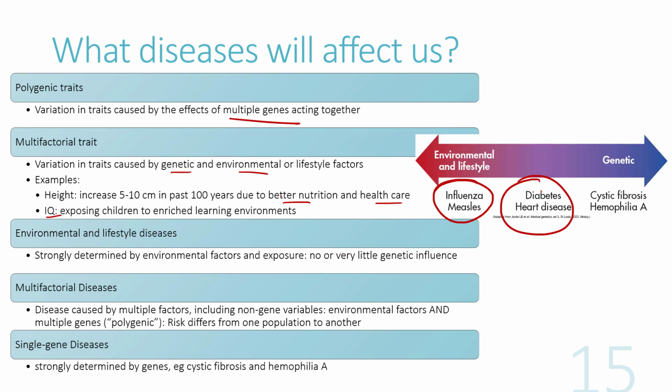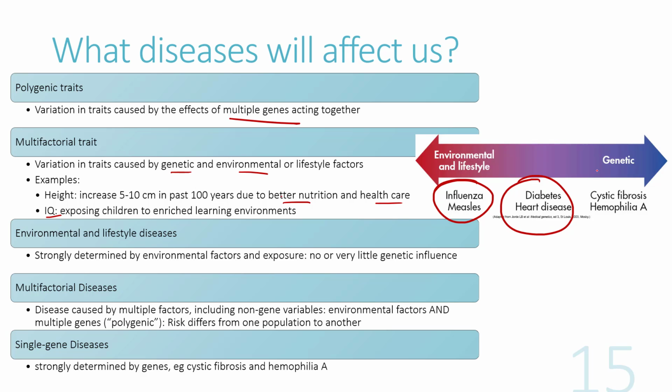But again, it also depends on exposure to the environment, on lifestyle, on diet, and exposure to smoke and other things, to determine whether a person has an increased or decreased likelihood of getting diabetes or heart disease.